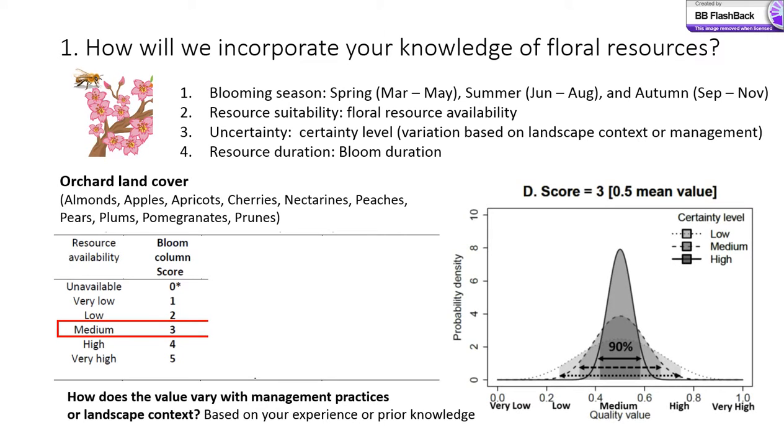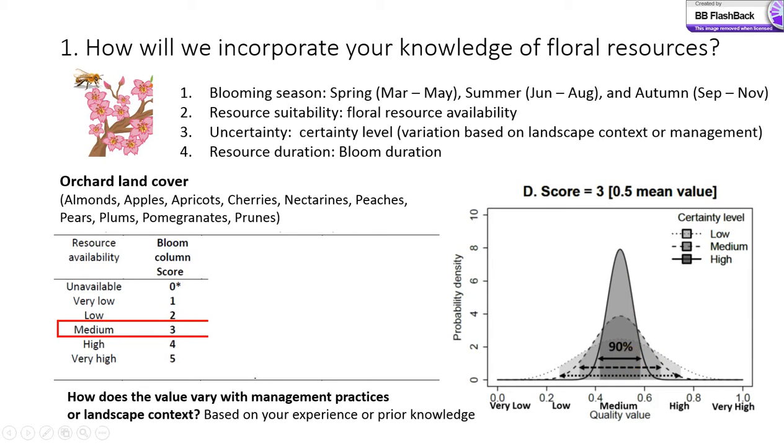Score number 3 means medium habitat quality, which is interpreted as 0.5 value in the model, and we provide you 3 certainty level options. All certainty level options have the same mean value but different variance.